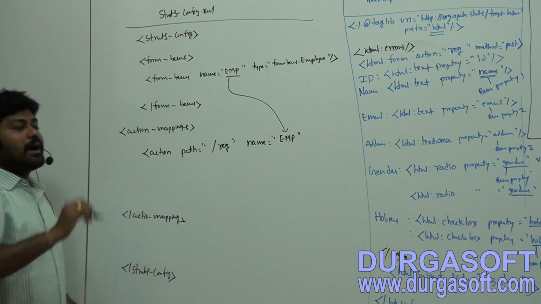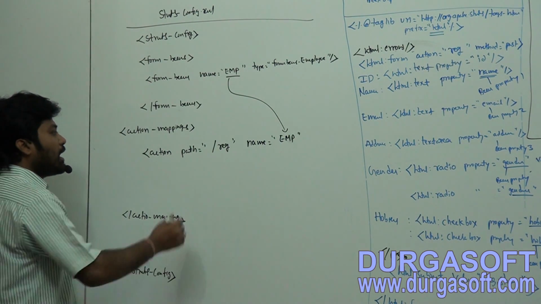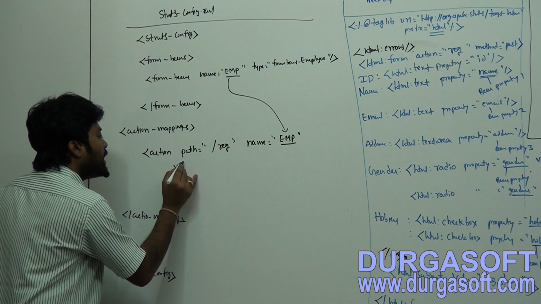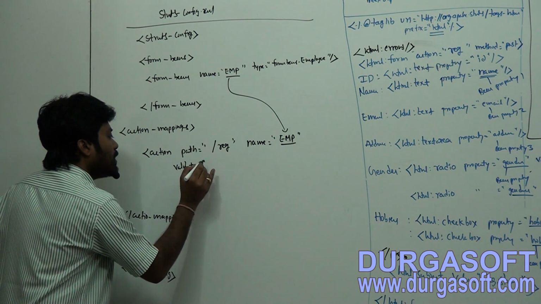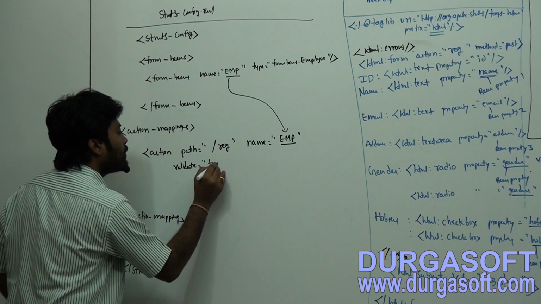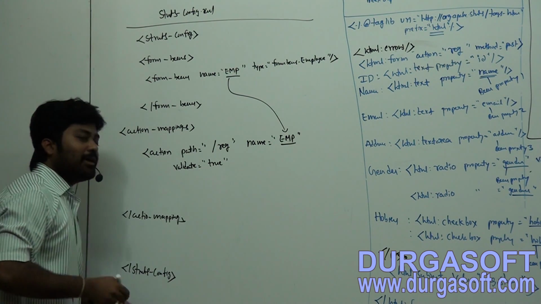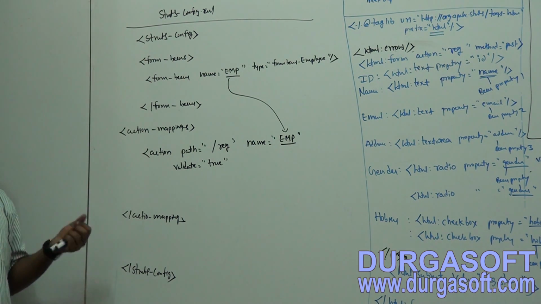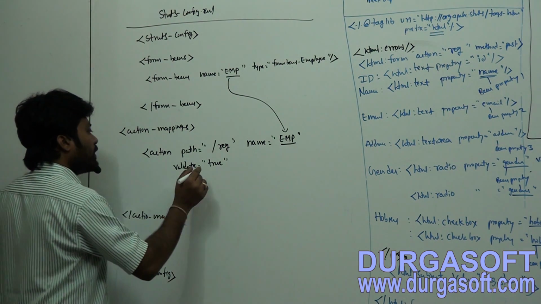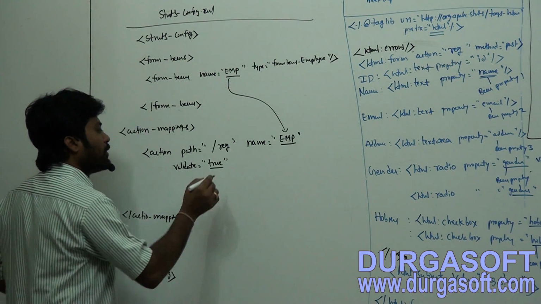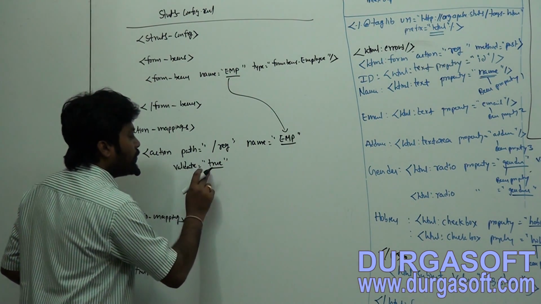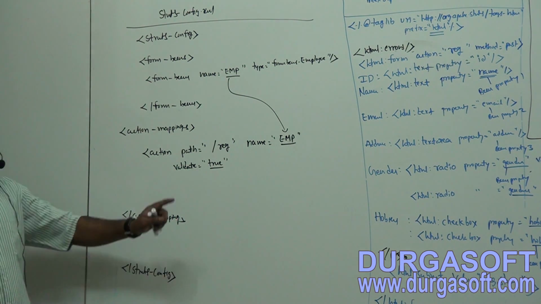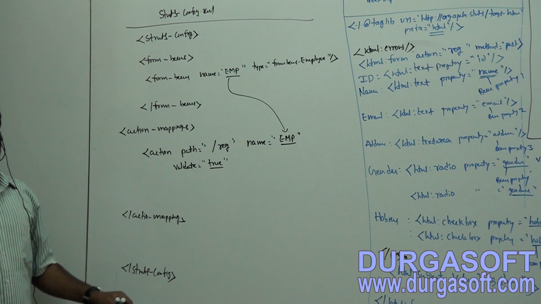And if you want to execute validations in this bean class, there we have an attribute validate. If you configure validate equal to true, by default it is true, so we don't need to configure it. And if validations execute and it finds any error messages, it needs to return those error messages to the same input form.